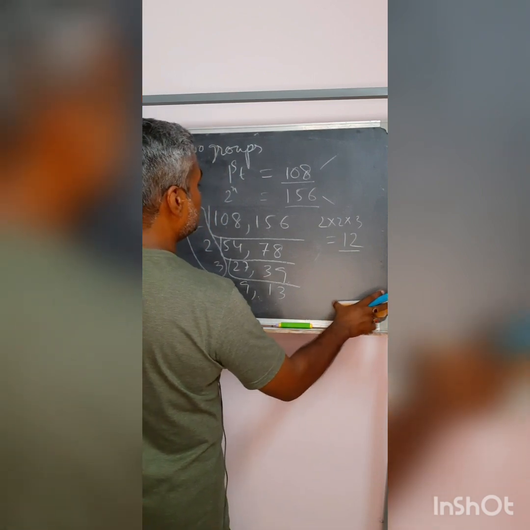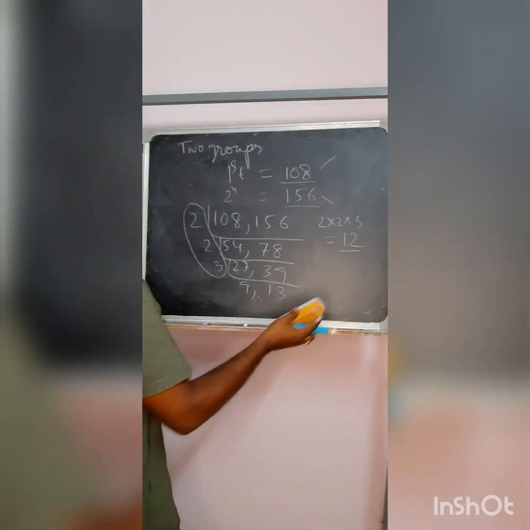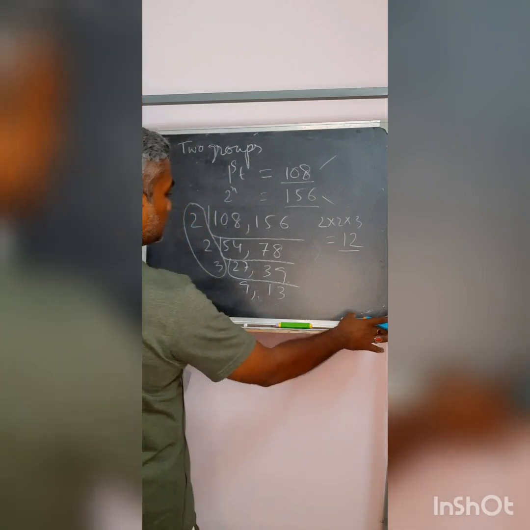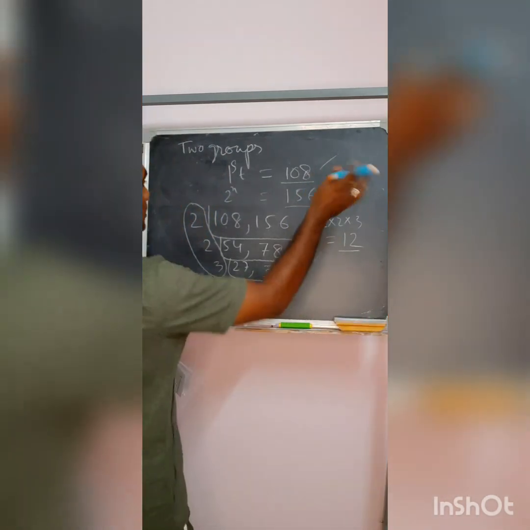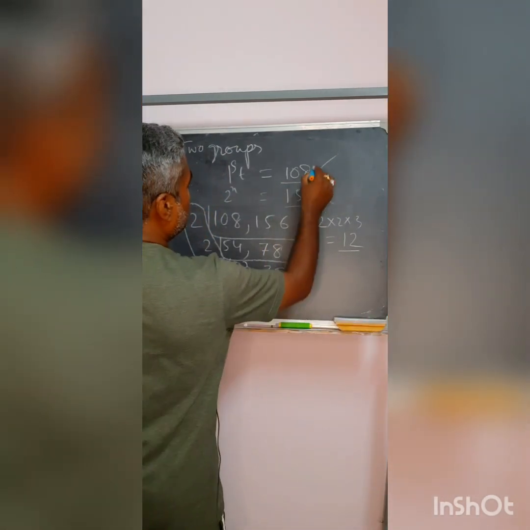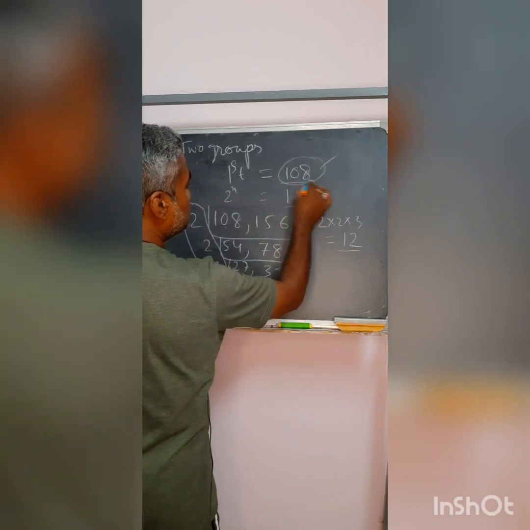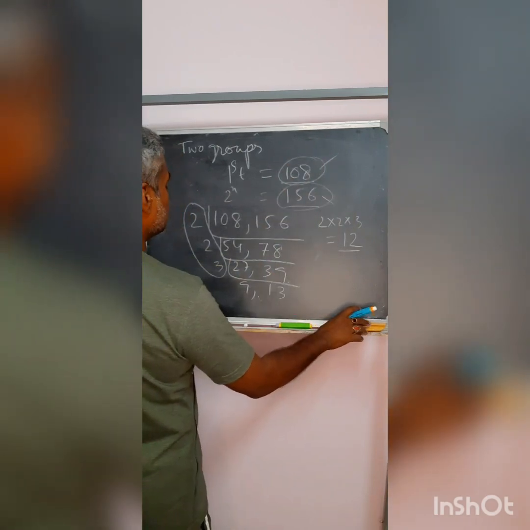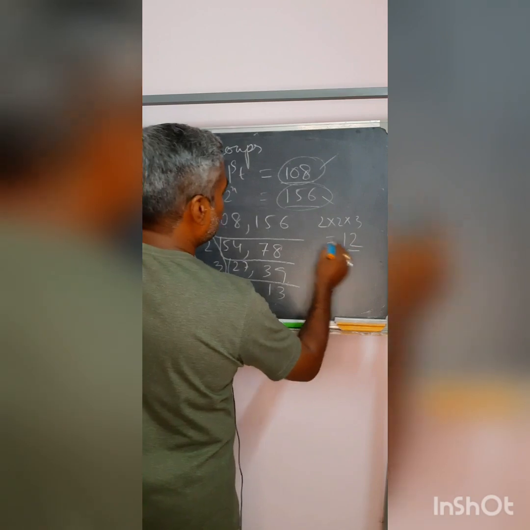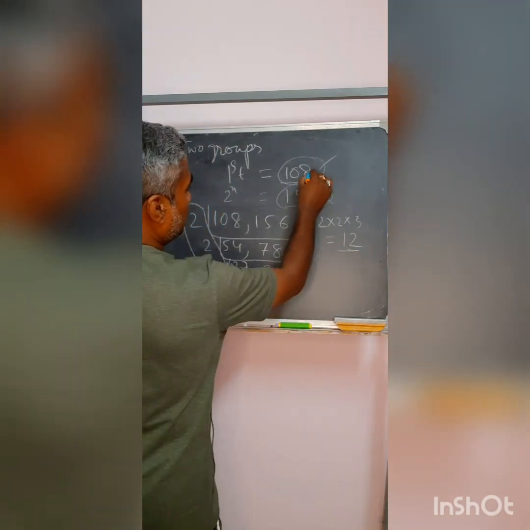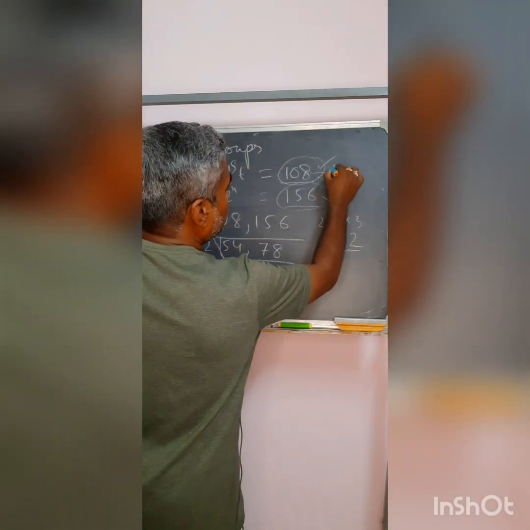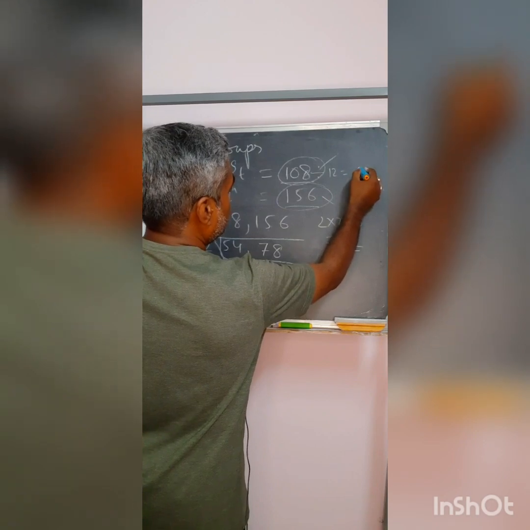Now the question is what is the minimum number of accommodations that has to be used, considering the second condition that I cannot merge these students in a single accommodation. If I divide 108 by 12, it will give you 9.